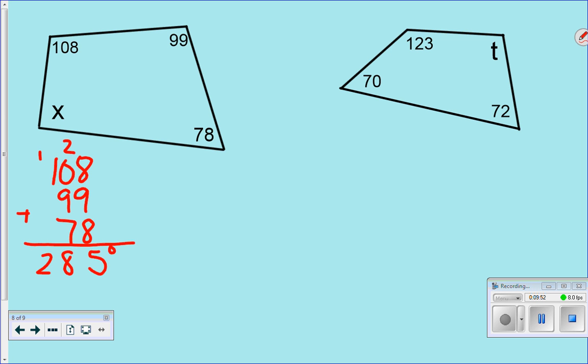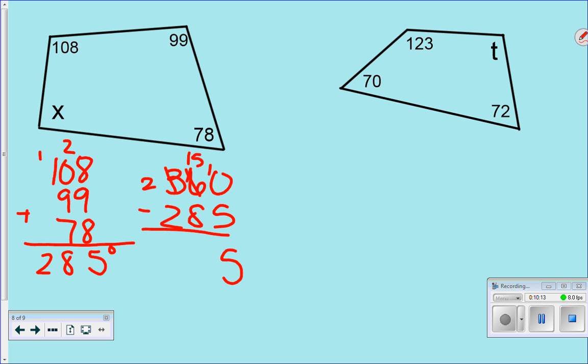But once you add those three together, what do you have to do with that last step? Not quite. You have to take 360 minus, remember it's not 180 because we're not talking about triangles today. We're talking about quadrilaterals, so it's 360 minus 285, which should be 75 degrees.